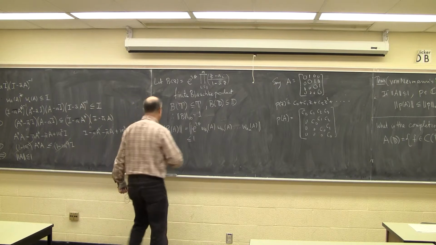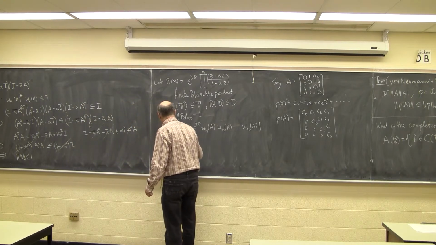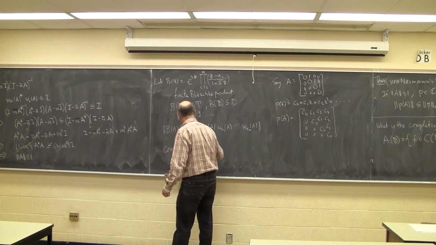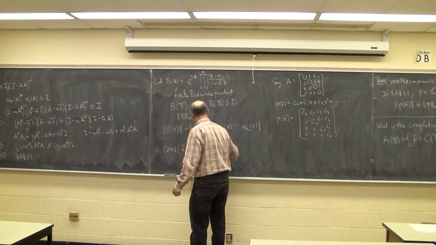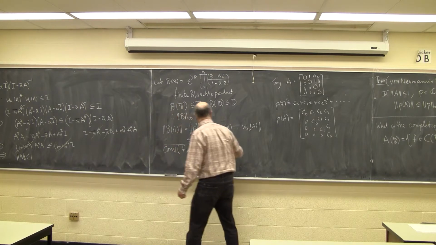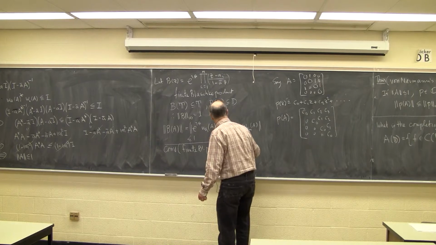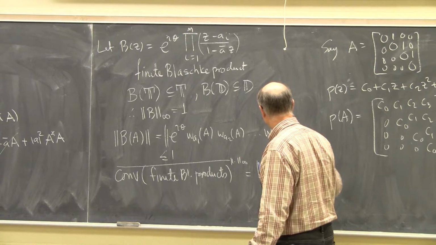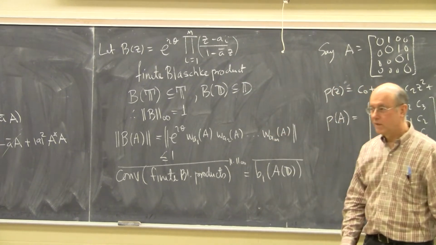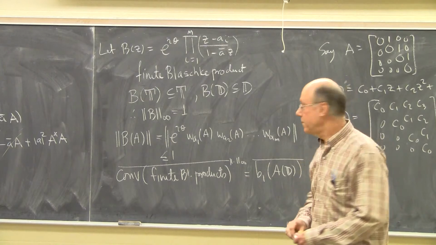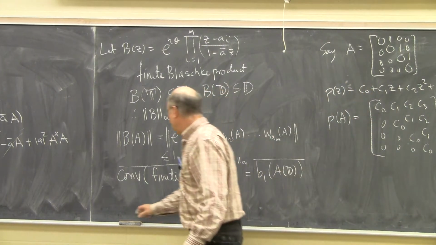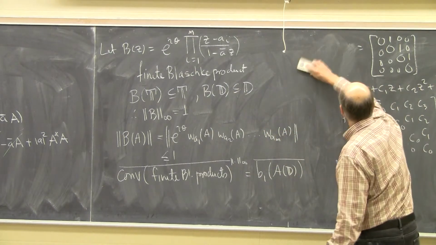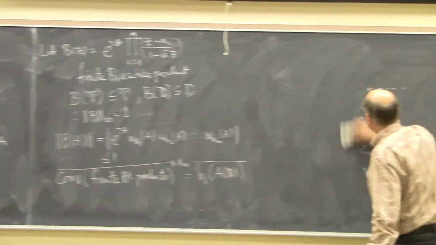And then that's how you do it, right? So the convex hull of the set of all finite Blaschke products, closed up in the infinity norm, is the unit ball of the disk algebra. Okay. And that's how he proved the theorem. But proving this result is not so easy either. So I'm going to tell you a different proof.